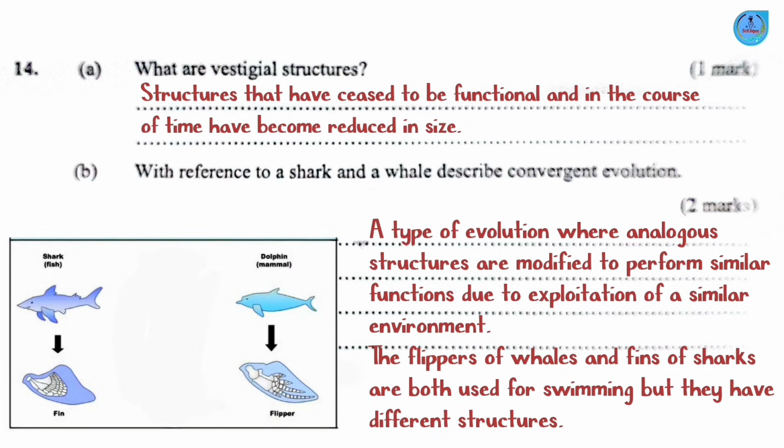This is a type of evolution where you have analogous structures modified to perform similar functions for the purpose of exploiting the same ecological niche. So in this case, they both have fins, but because they have different ancestry, the structures of the fins themselves are completely different. So they have a shallow resemblance, but are different. And these are referred to as analogous structures.